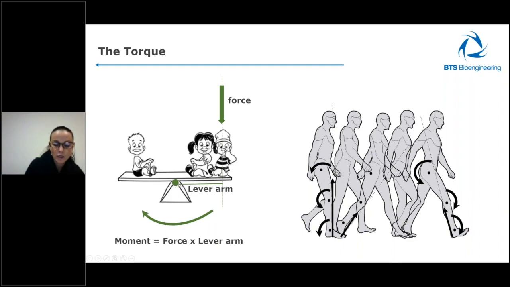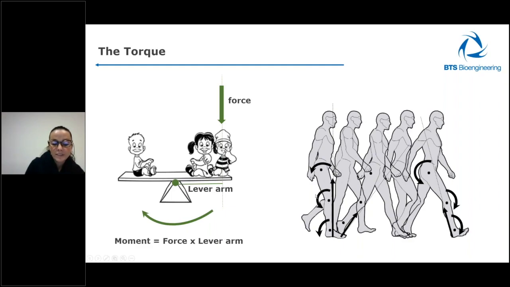The distance of the fulcrum from the force application line is the lever arm. The product of the force per lever arm is the moment.